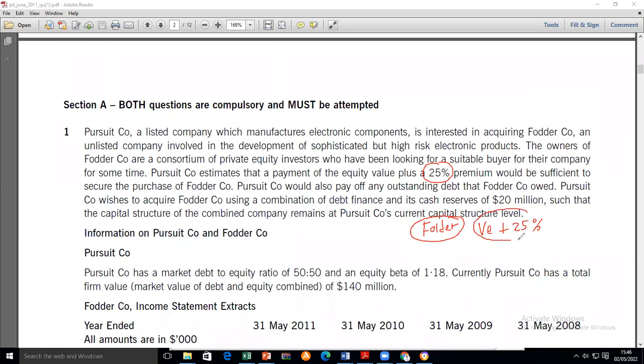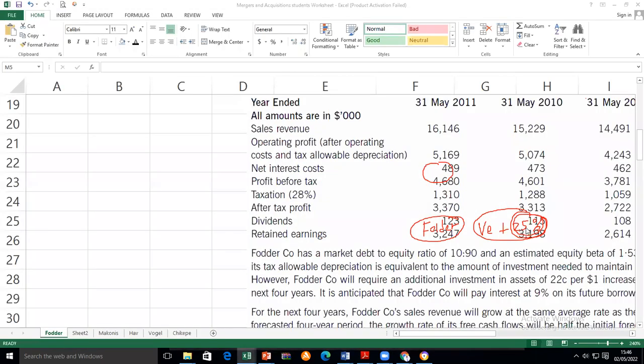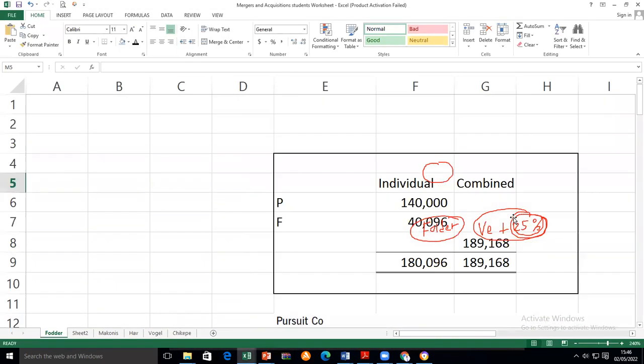That's what they will accept. So we need to find out how much is this premium? Let's find out how much it is in our computation. Then you can tell me whether this acquisition is worthwhile.